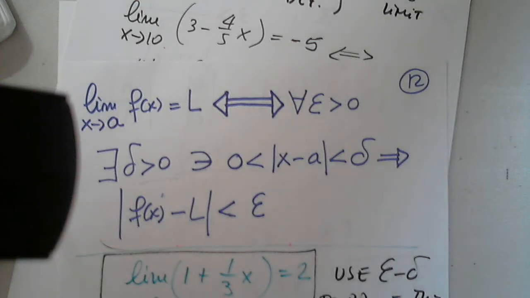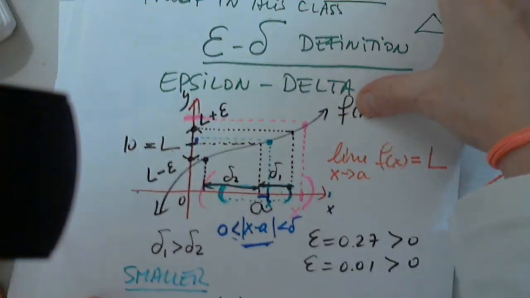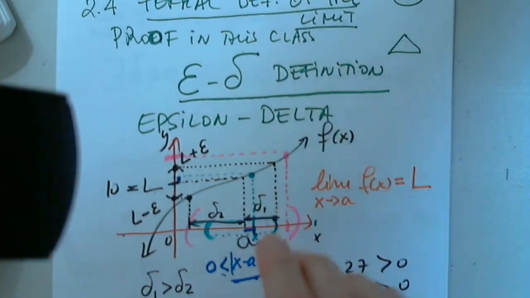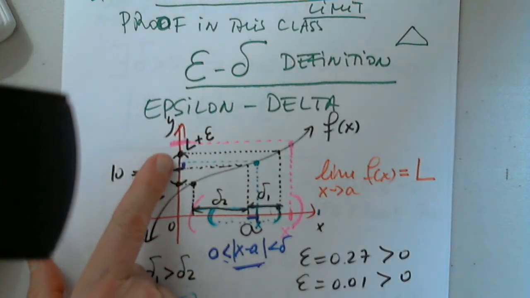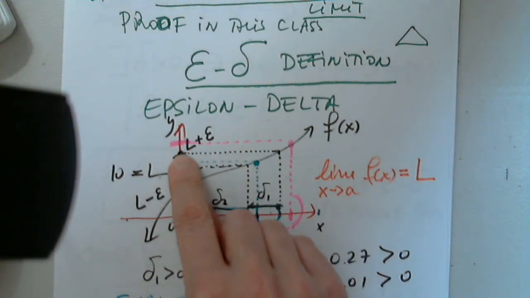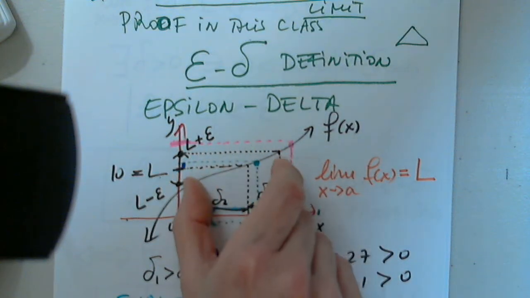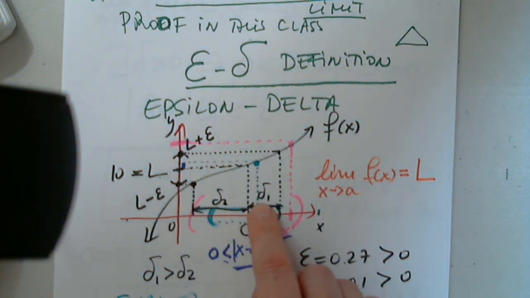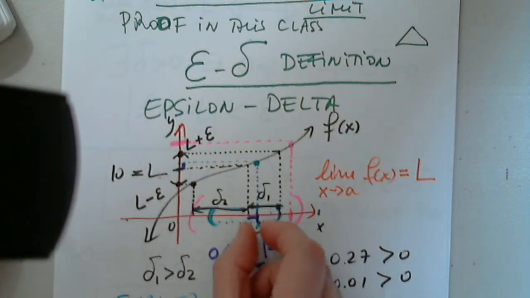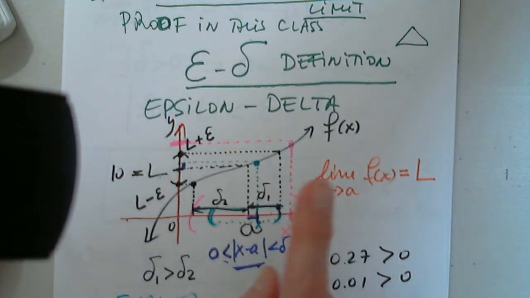So the formal definition of the limit says this. If I choose a positive epsilon, in other words, 10 plus a little bit, 10 minus a little bit, a symmetric interval, I will always be able to find a positive delta, such that every time I pick an x here, the absolute value of x minus a is less than delta.